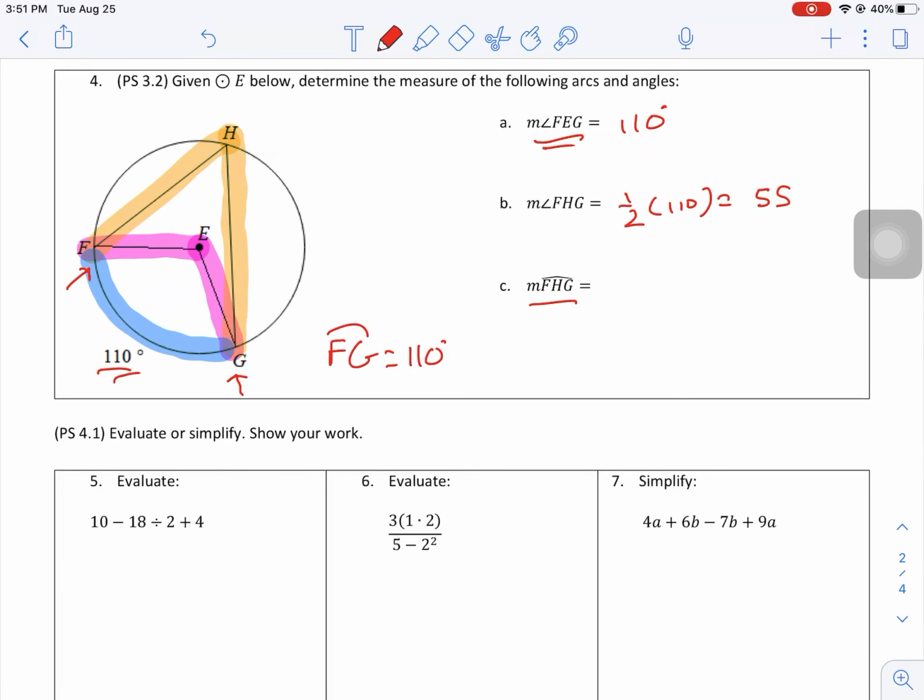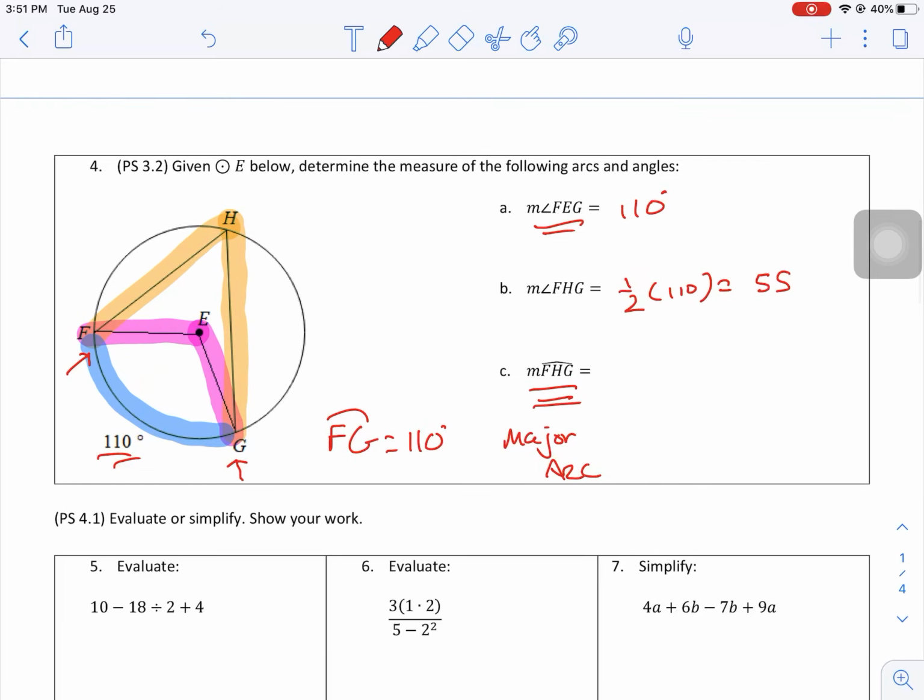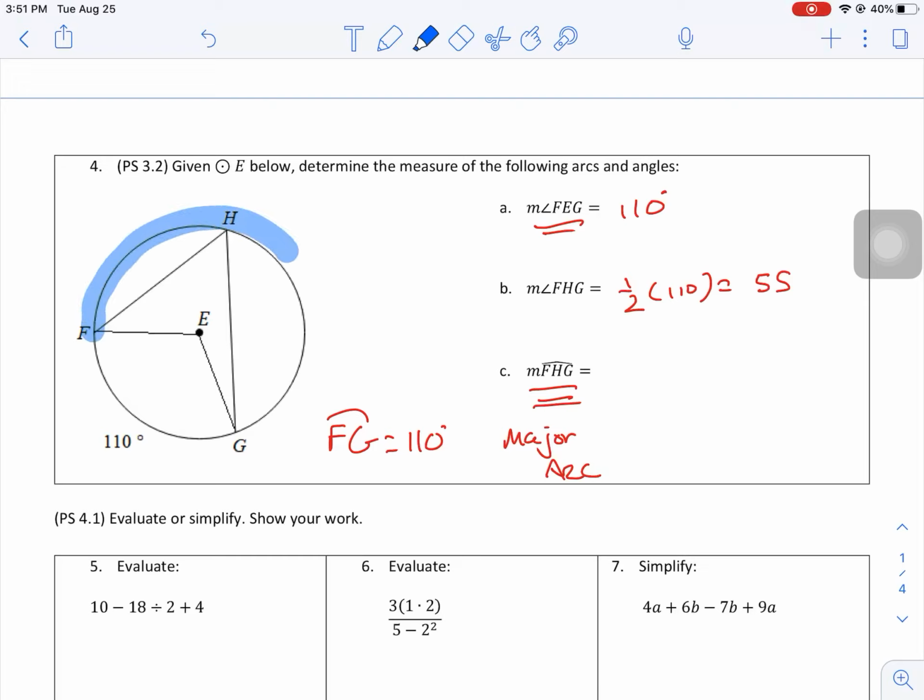And now they're going to try to trick you. This is a major arc. So this arc here, let me clean this up here so we get this stuff out of our way. All right. This arc is from F to H to G, so it's out here.